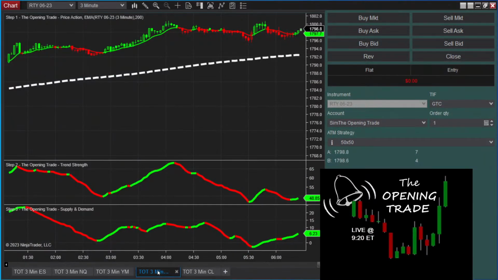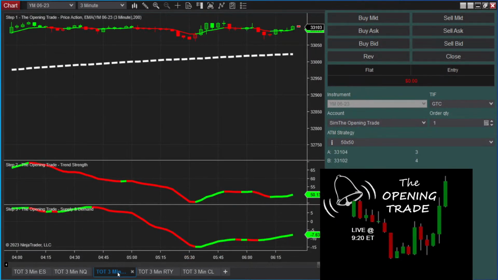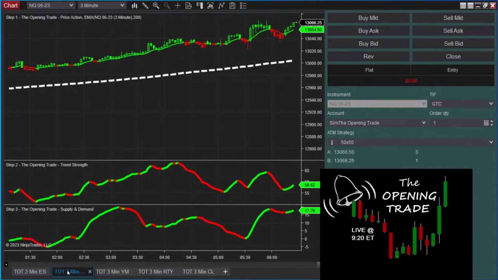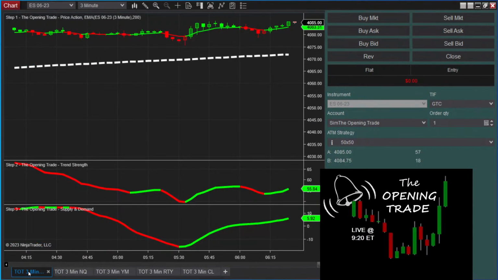And then I like to go to each tab just to double check, because nothing would be worse than to think you had something set up and you didn't check it, and then you find out at the pertinent times that something you thought was going to happen didn't happen. So always double check, make sure your charts are ready to go.